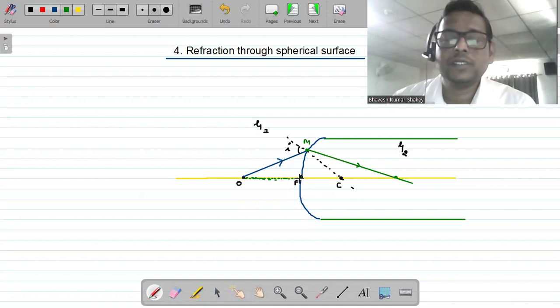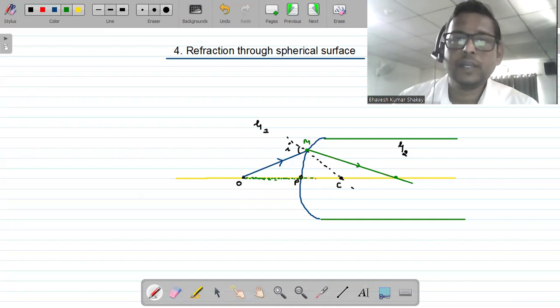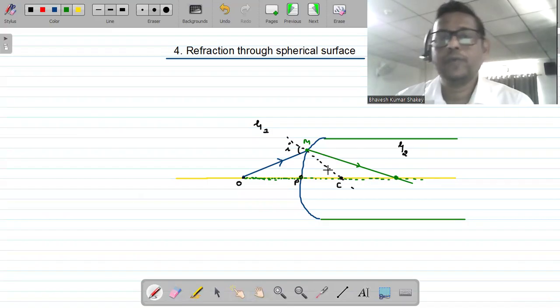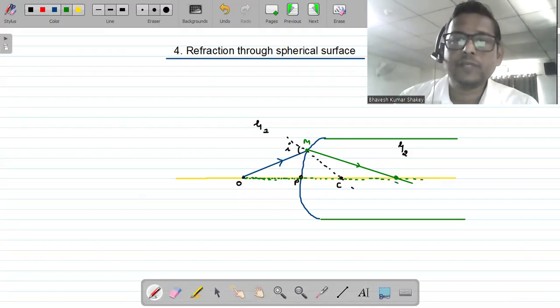So in this case i is equal to zero, so r is equal to zero. This light ray will go straight like this and intersect at this point. Where the two refracted rays meet, or appear to meet, the image will form. So the image of this object is formed at this point.